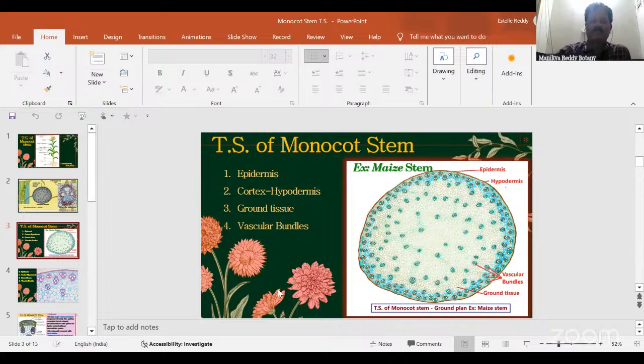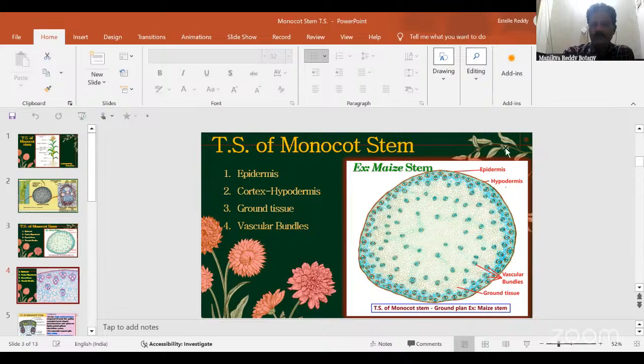Next, hypodermis. Generally, the cortex is reduced to hypodermis. Hypodermis is sclerenchymatous. It is a few layered structure. Just below the epidermis, you can find sclerenchymatous hypodermis.